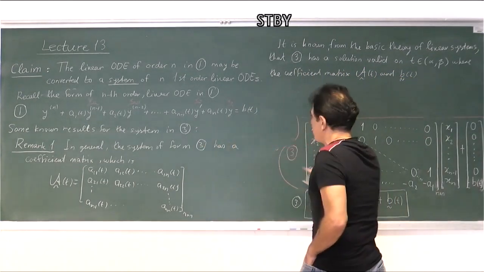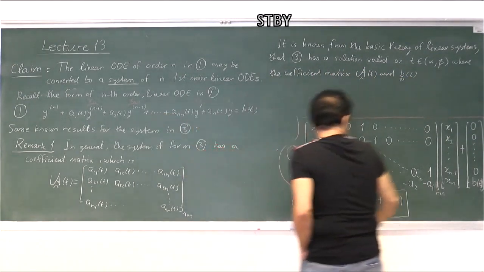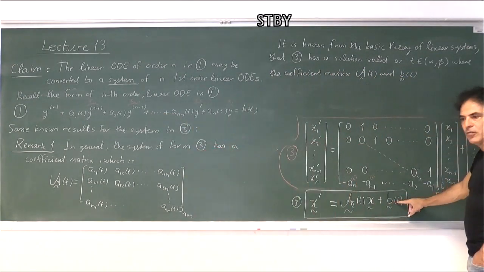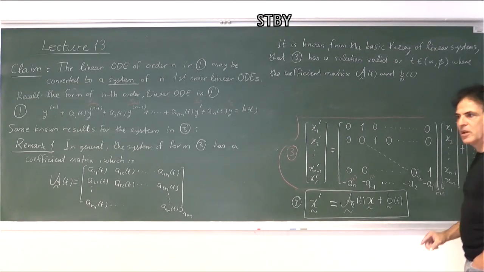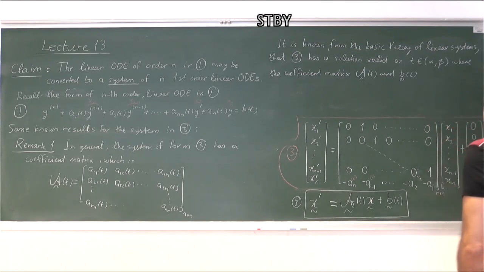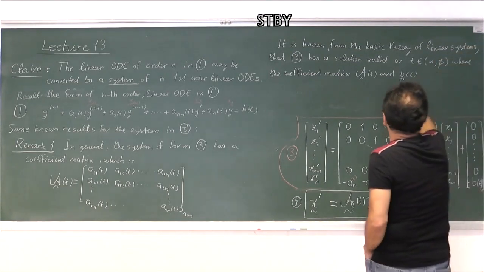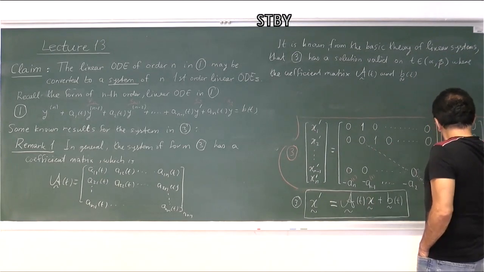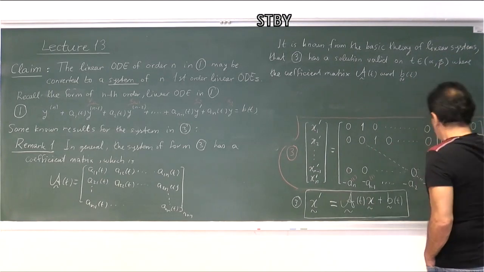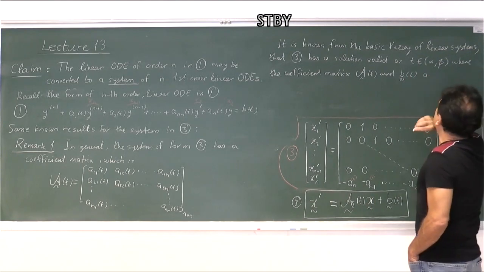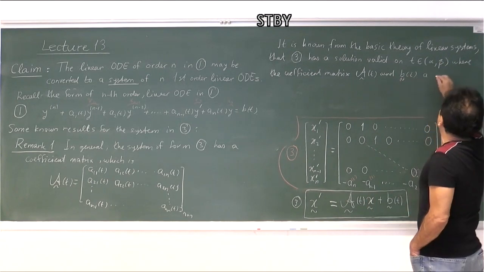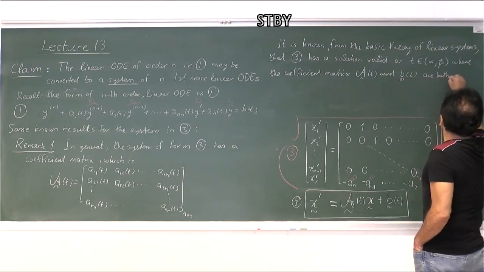In the system representing equation 1, the non-homogeneity term has zero entries up to order n minus 1, and b of t is the last component function. So the coefficient matrix and the non-homogeneity vector function are both continuous.